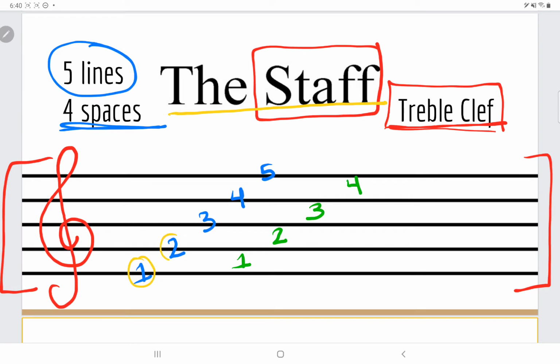So I'm going to put all these in yellow. I want you to count out the spaces that we did too. And then in the corner, I want you to write 5 lines and 4 spaces. Okay, so you're going to have 1, 2, 3, 4 parts of this written down on your notes. Go ahead and hit pause and do that now.